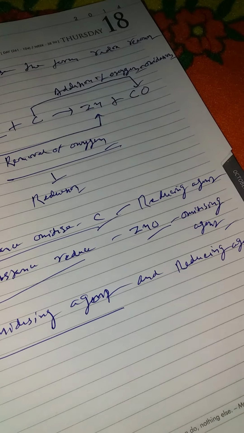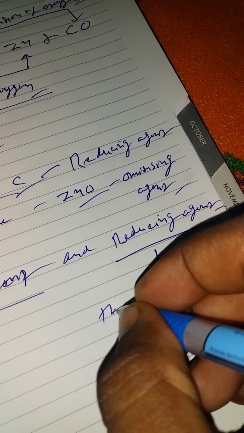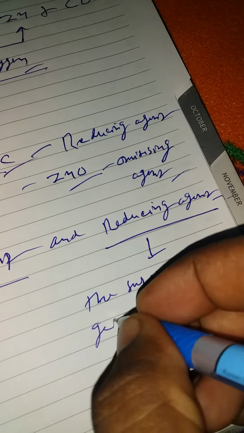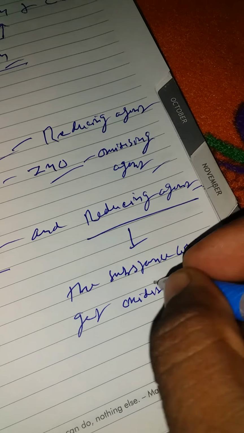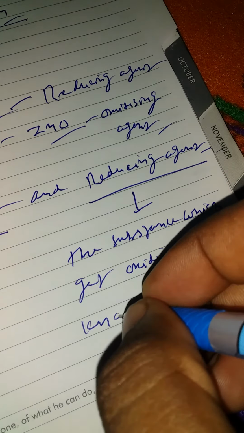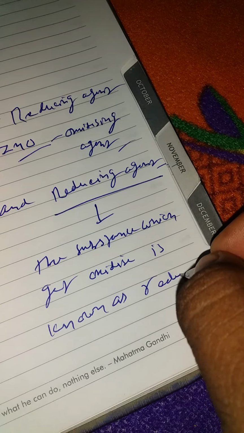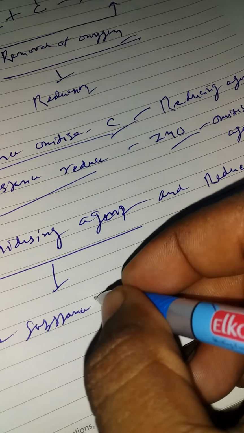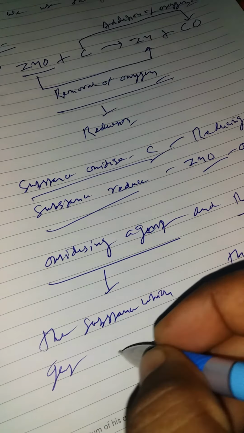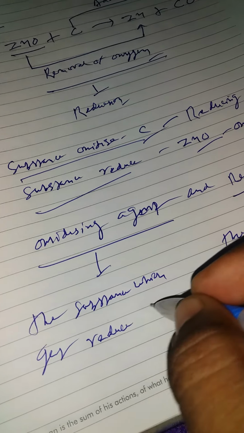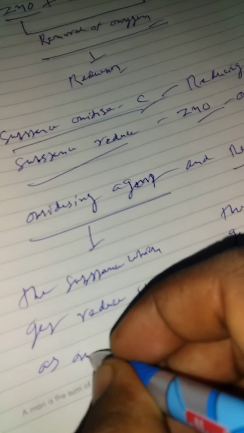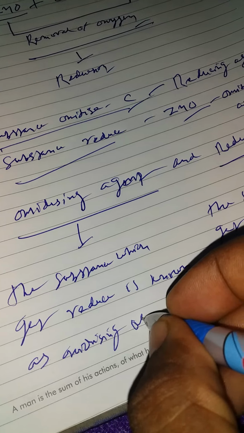So the substance which gets oxidized is known as the reducing agent, and the substance which gets reduced is known as the oxidizing agent.